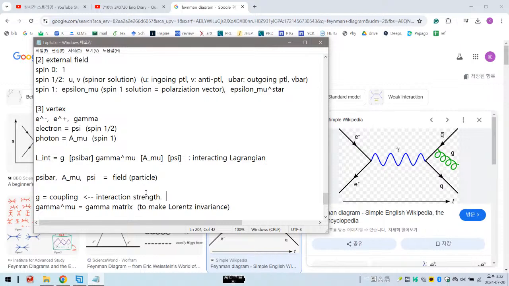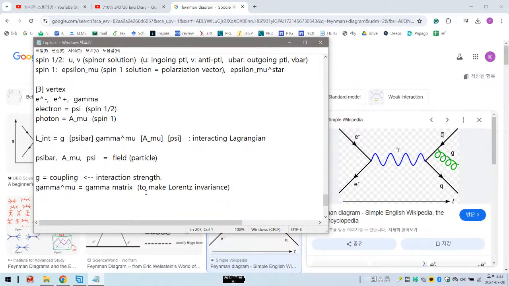But in the low energy regime, compared with the W and Z boson mass, the W and Z bosons are massive, so I will explain this in the electroweak theory chapters in the future. The point is that in the Fermi theory, in the low energy regime, even though the weak interaction coupling is very large, the effective coupling is very small, given by the Fermi constant. I will explain this in the future.